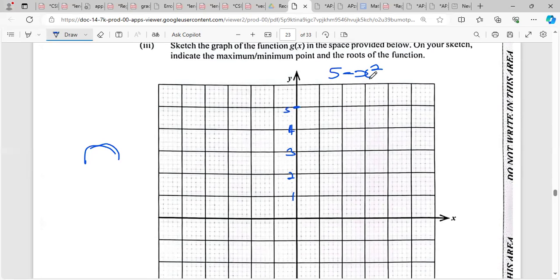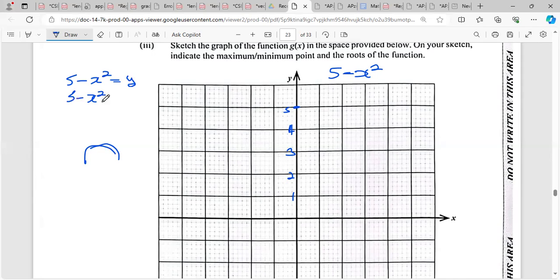All right, so we need to know, because it's when x is 0, the y-intercept is 5. So 0 squared gives you 0, 5 take away 0 is 5. So we also need to know when y is 0. So we could just equate this: 5 minus x squared equal to y. And of course, y is 0 at the x-axis, right?